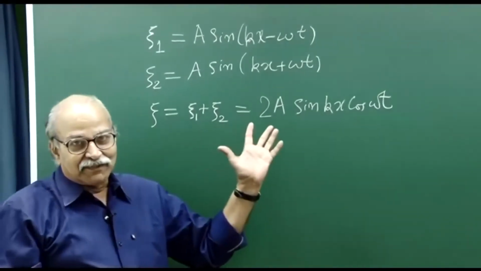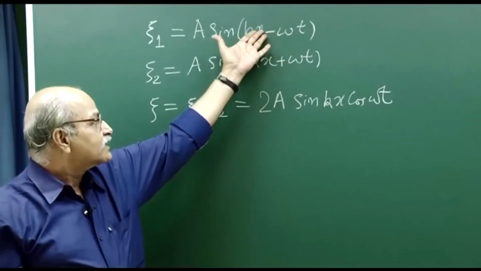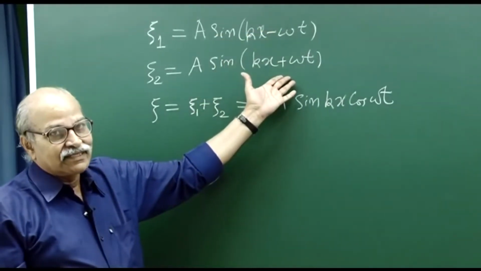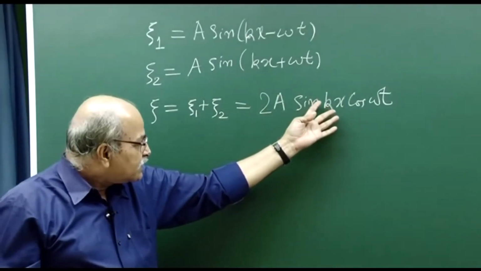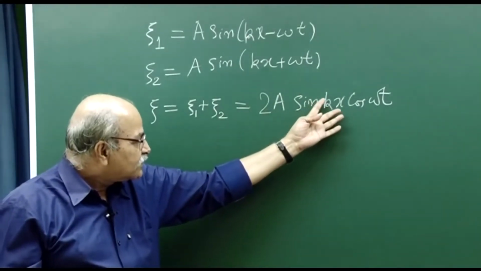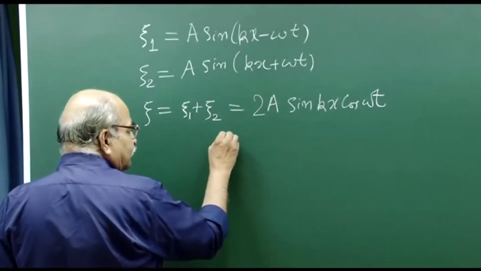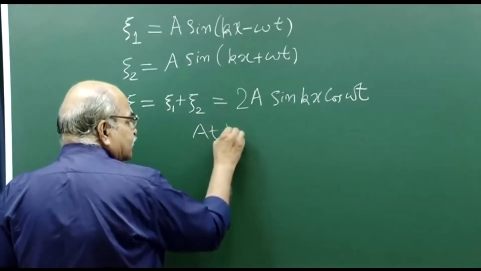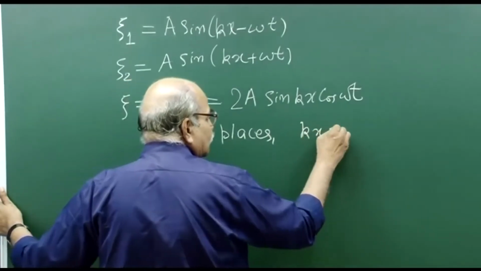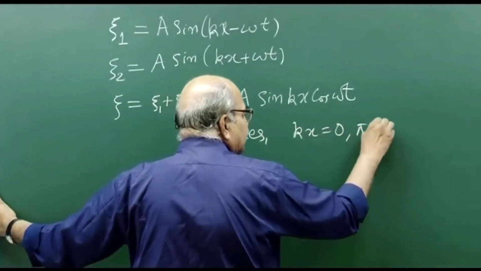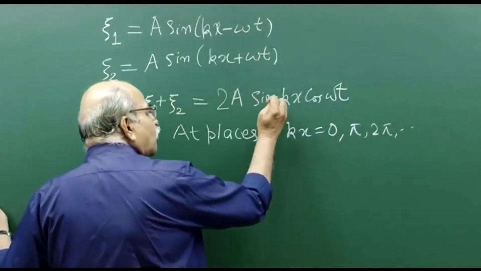Now, there is a very special thing about this. It contains two waves, one going in the positive x direction, another going in the negative x direction. But at places where kx is 0 or an integral multiple of pi, so kx equal to 0, pi, 2 pi, at these places this is always 0.